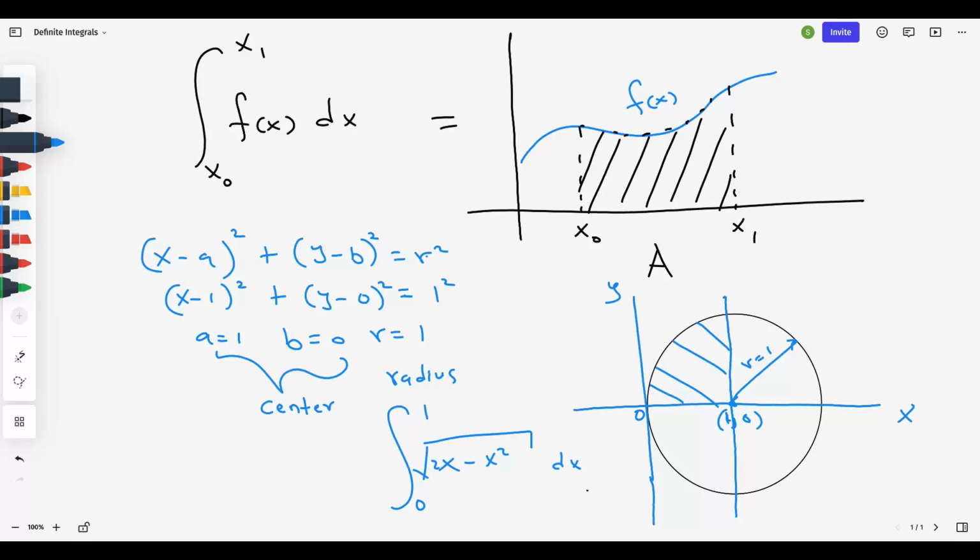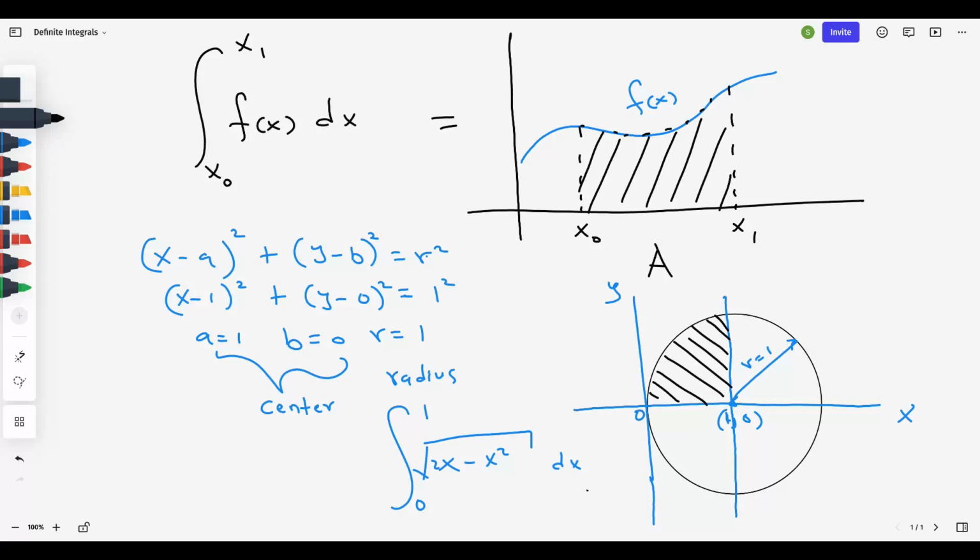It is only the positive half because this square root gives the positive half. This represents the evaluation of this. If there's no square root, then it's no longer a circle. But it is the positive half, ranging from 0 to 1.